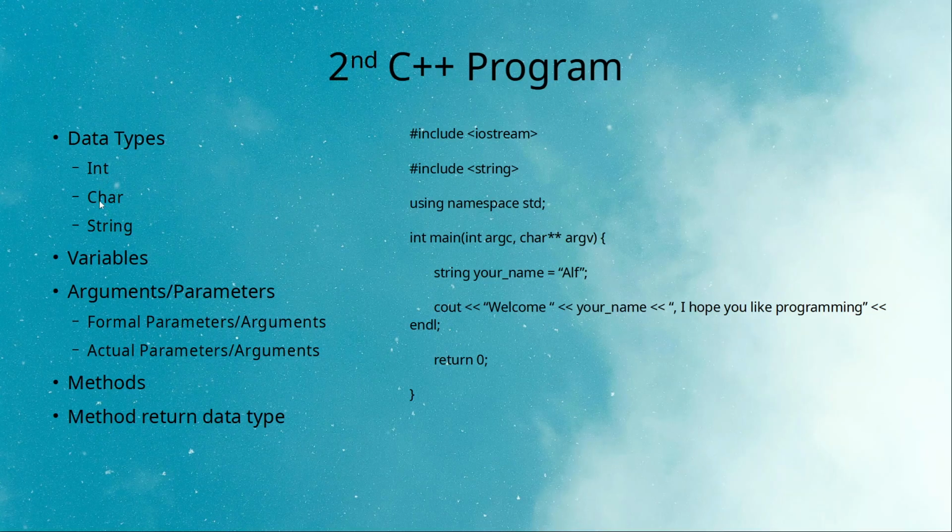We can also have other types of data in our program. We can have characters or char, or we can have strings or a sequence of characters. Plus, we can have floats, floating point values, Boolean values, and so on. But to get started, let's see how we can work with strings, and let's talk about variables also.